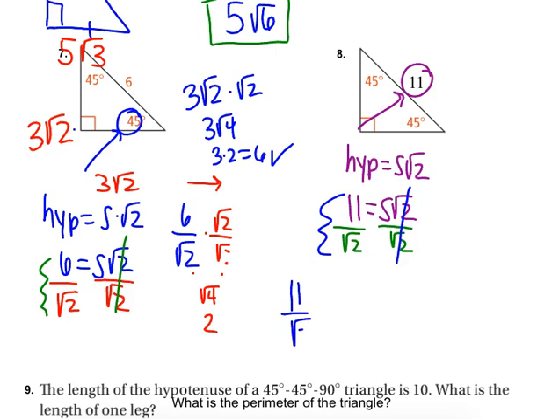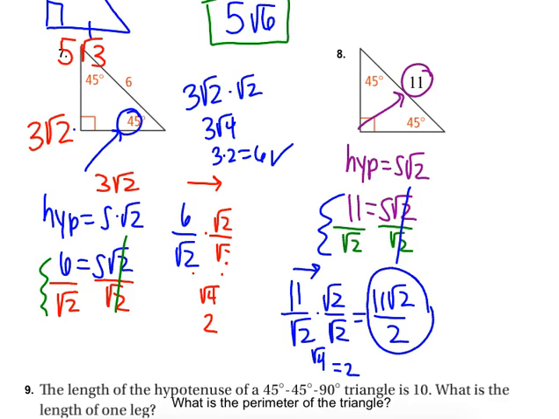I have 11 over the square root of 2 times the square root of 2 over the square root of 2, which is just a special version of 1 if you didn't know that, but we'll talk about that later. So multiplying across, you get 11 square roots of 2 over the square root of 4, which we know is really 2. Can I reduce 11 over 2? No, so this is my answer: 11 square root of 2 over 2.